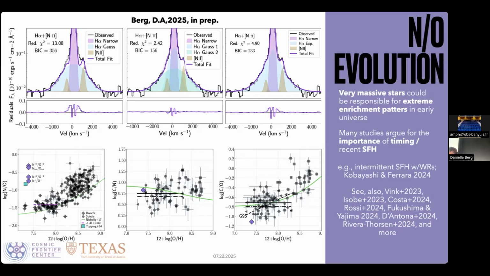Could you talk more fundamentally about what the difference between direct and strong lines is? Yeah, so when we say direct method, it really means that we are trying to directly measure the number of ions relative to hydrogen that are there, because we're measuring the temperature and the density. And so the emission line after that just depends on abundance. A strong line calibration is where we've measured direct metallicities, and we say, how does that correlate with a ratio of strong lines?